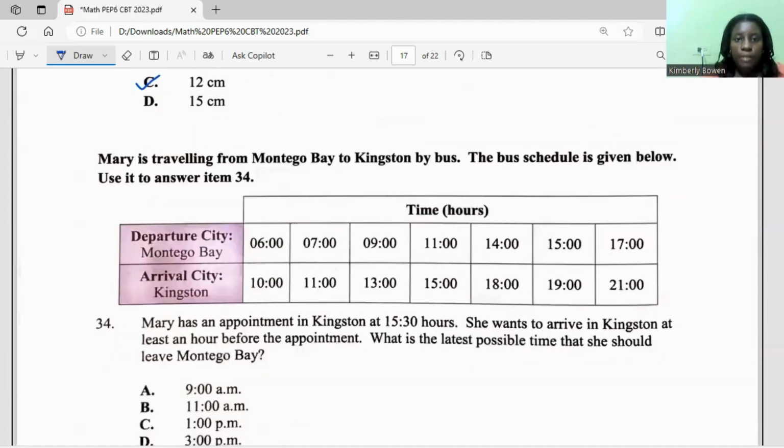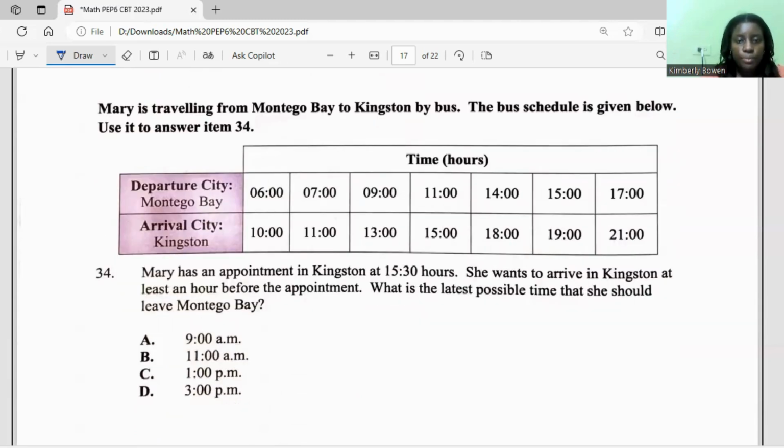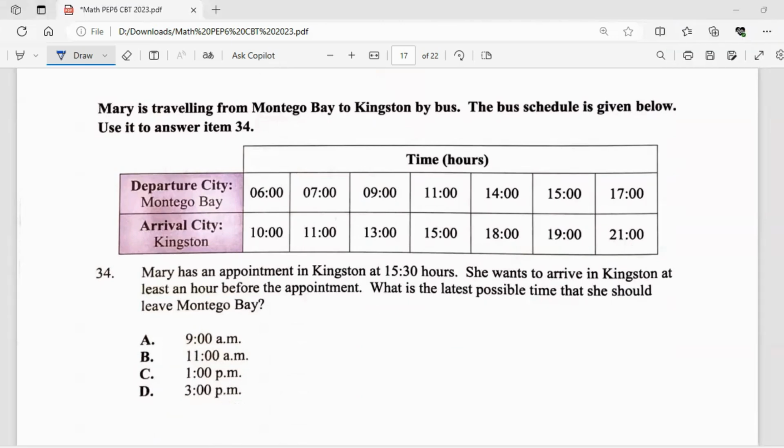Mary is traveling from Montego Bay to Kingston on a bus. The bus schedule is given below. Use it to answer item 34. Departure city, Montego Bay. Arrival city, Kingston, and we're seeing the time in hours.